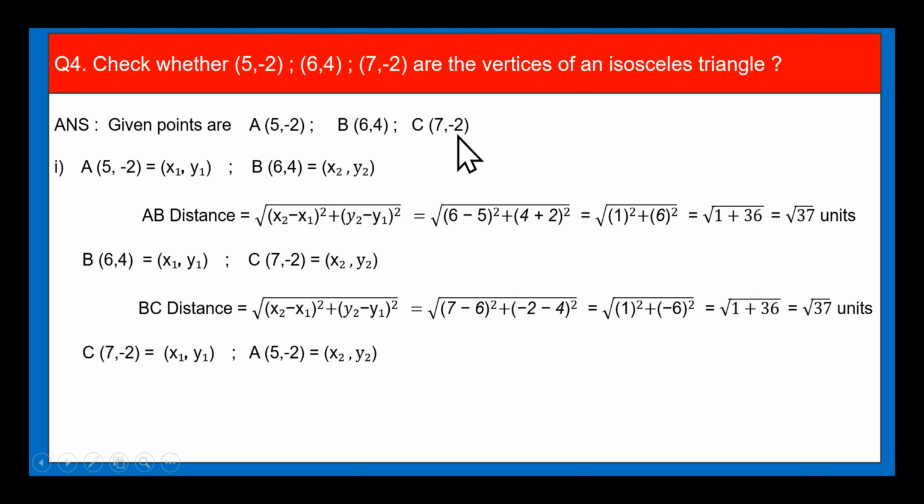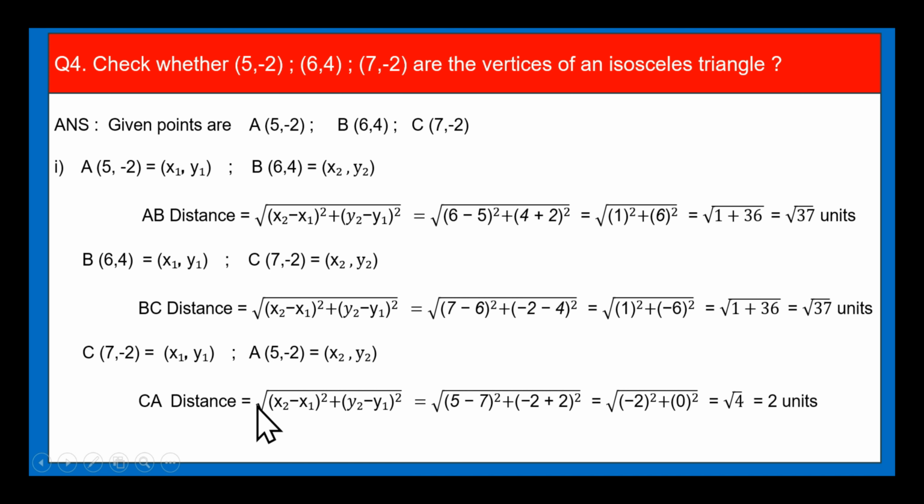Here the point C (7, -2) is (x1, y1) and the coordinates of A (5, -2) are (x2, y2). The distance CA is equal to root over (x2 minus x1) whole square plus (y2 minus y1) whole square.